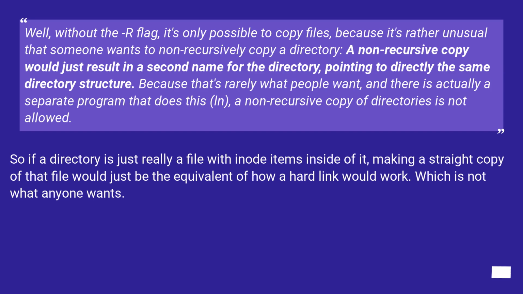A non-recursive copy would just result in a second name for the directory, pointing directly to the same directory structure. Because that's rarely what people want, and there is actually a separate program that does this, ln, a non-recursive copy of directories is not allowed. So if a directory is really just a file with inode items inside of it, making a straight copy of that file would just be the equivalent of how a hard link would work, which is not what anyone wants.